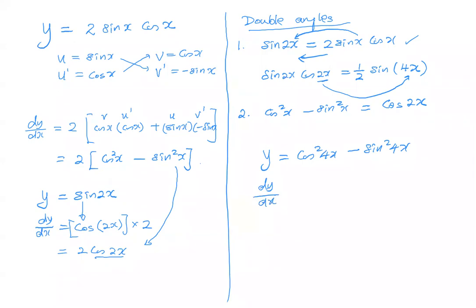So before you find dy dx, you turn this to become cos how many x? Can someone tell me? Double. Cos 4x? No, double. This is double.